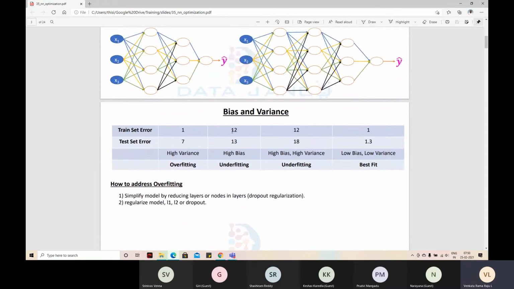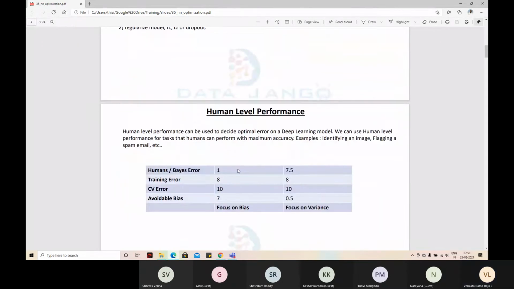Here, when I looked at 12, I said I need to focus on underfitting. How did I decide? On the same data set, if a human gives only error 1, that means the model is not matching human level performance. Avoidable bias is a term used to measure which area to focus on.